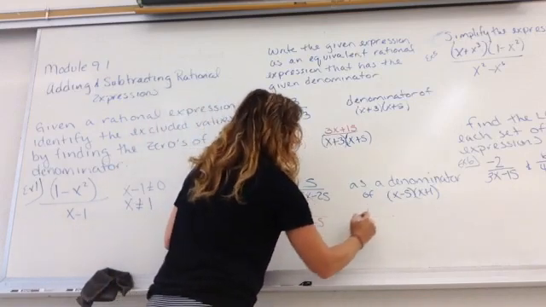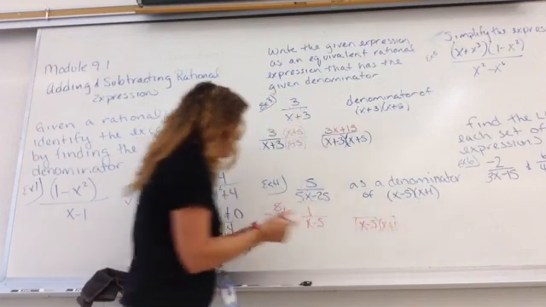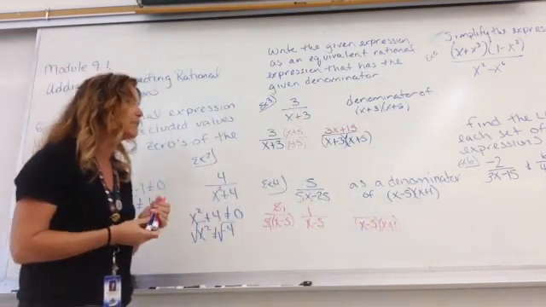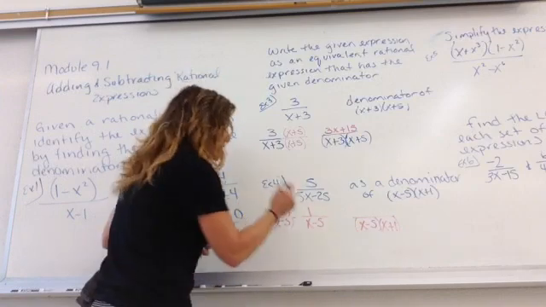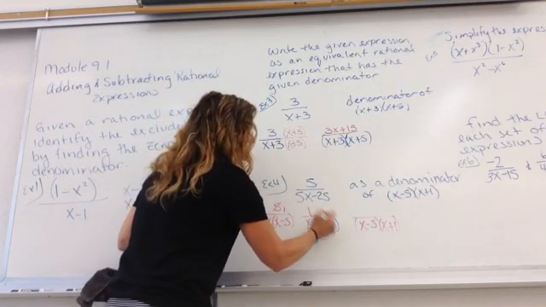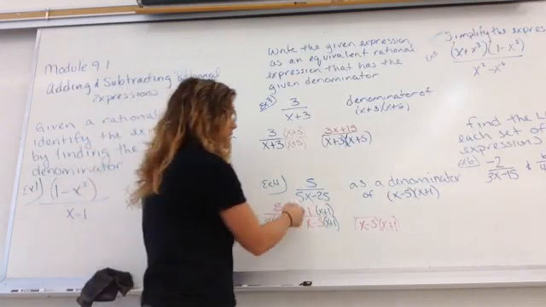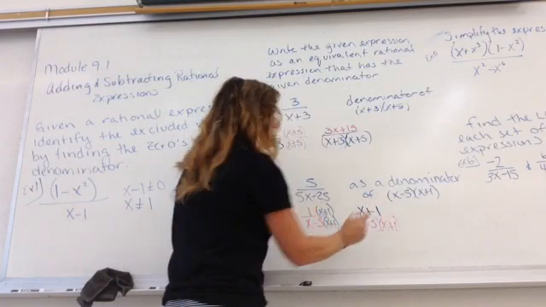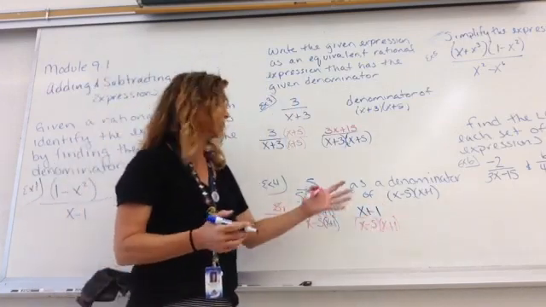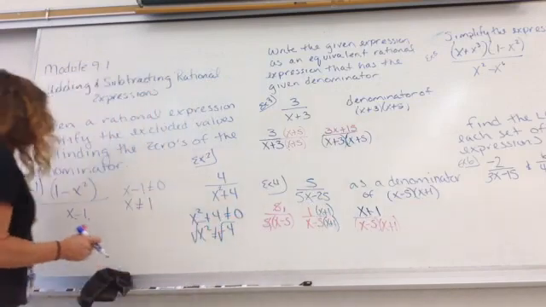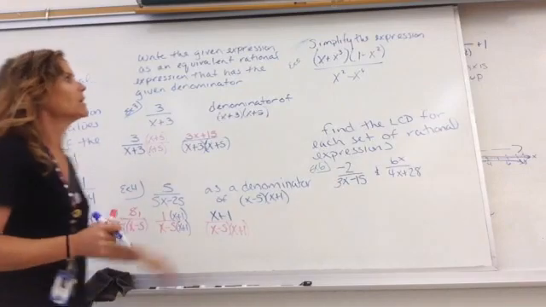I want to make that look like x minus 5 times x plus 1. So I need to look at what this one is missing that this one has: the x plus 1. So we're going to multiply the top and bottom by the same thing, just multiplying by 1, so that becomes x plus 1 over x minus 5 times x plus 1. They're equivalent fractions, equivalent rational expressions.